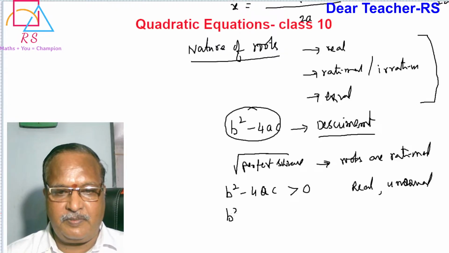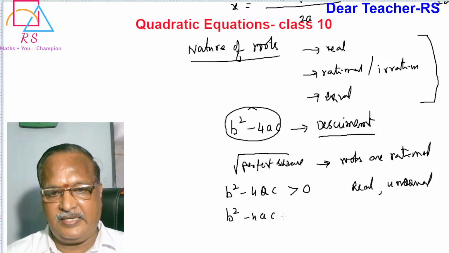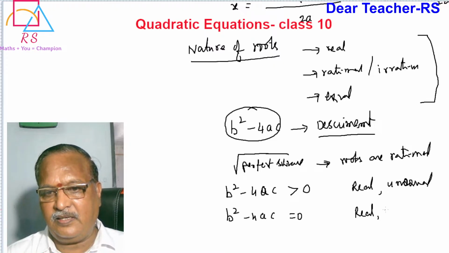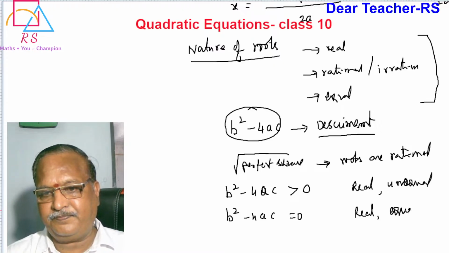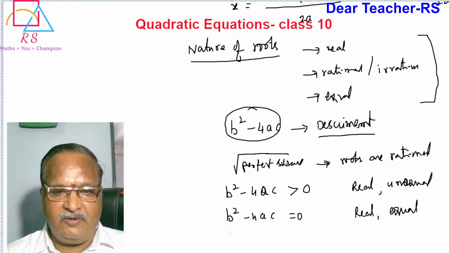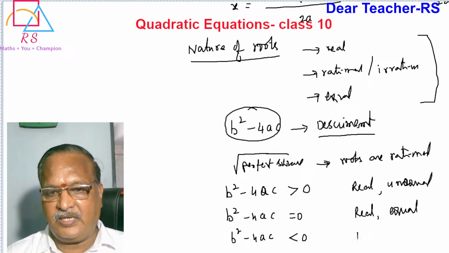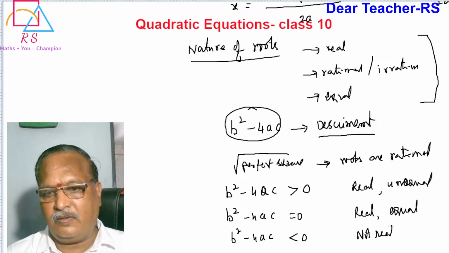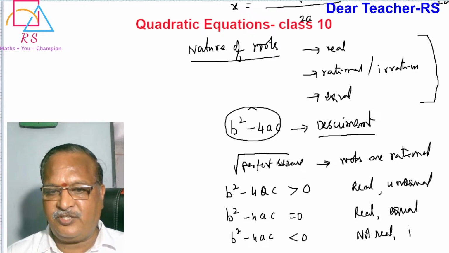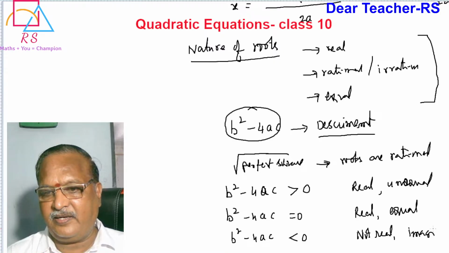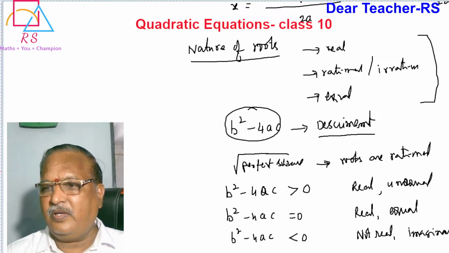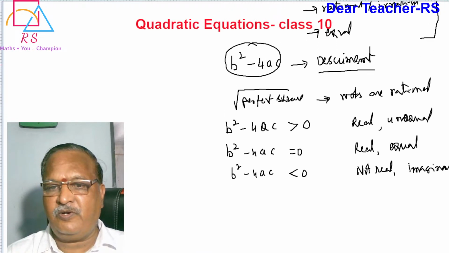If b square minus 4ac is equal to 0, then the roots are real and equal. If b square minus 4ac is less than 0, then the roots are not real, they are imaginary.